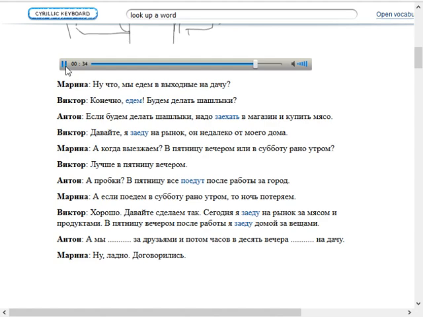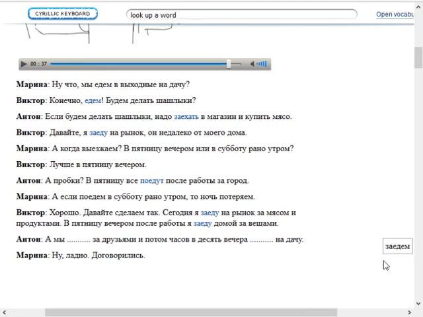А мы заедем за друзьями и потом часов в 10 вечера поедем на дачу. Okay, мы заедем, and then the last word is поедем here.